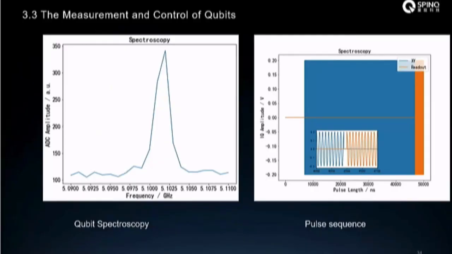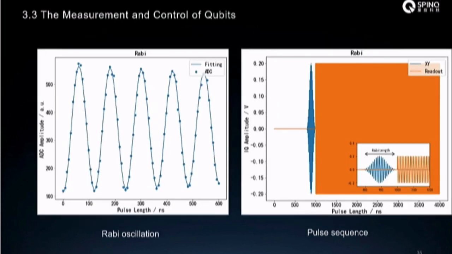change to one state, otherwise it's always at 0 state. Then we know the qubit frequency. And then we drive the qubit at this frequency with different pulse lengths. Then we can know what's the pulse length that we need to use to drive our qubit from 0 to 1 state.